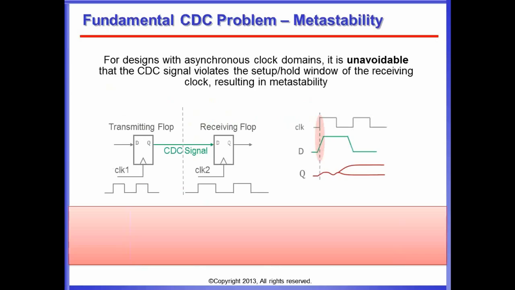The general problem, I think you're all aware of it, is the metastability problem. If you have an asynchronous clock domain crossing and the data and the clock show up at the same time, you might end up in some kind of time where the receiving flop swings.